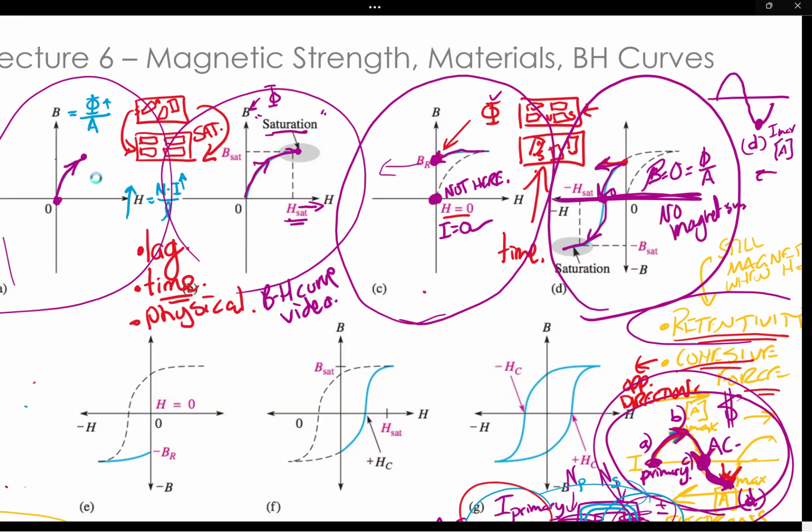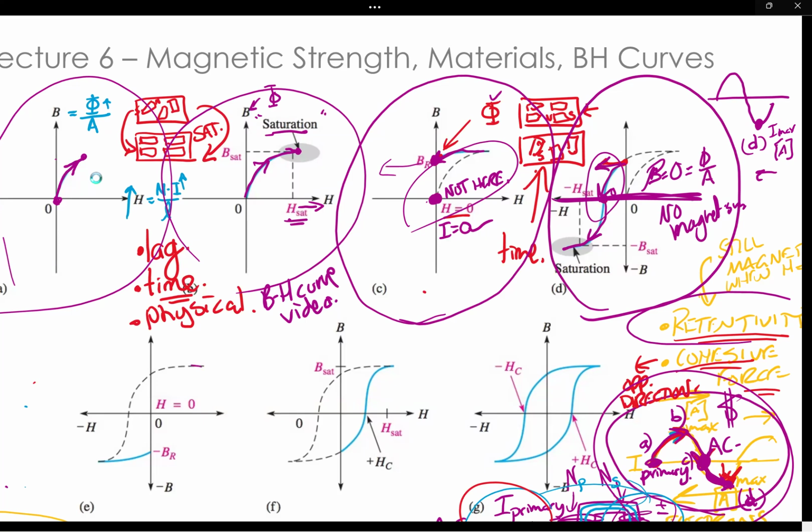So we have current in the opposite direction, but we have no magnetism. So you can see it just lags. Instead of it going down to 0 here, it actually goes down to 0 here, halfway to the maximum of the current in the opposite direction.